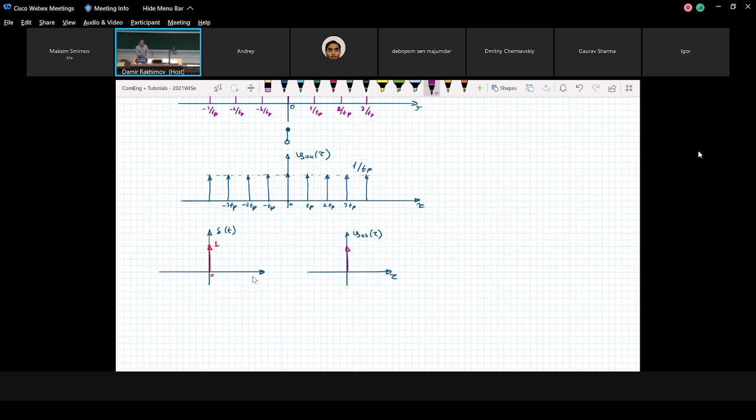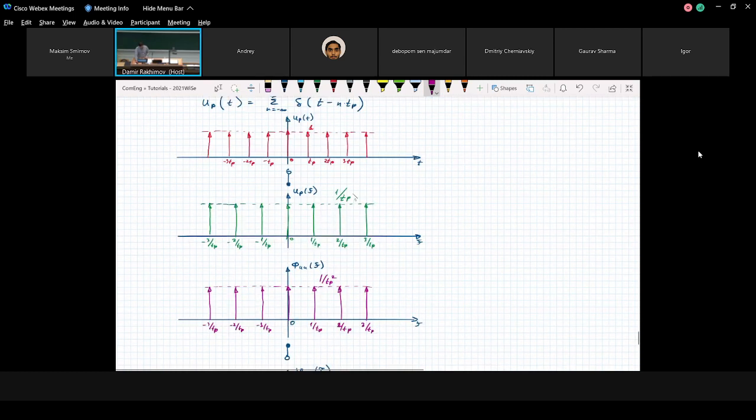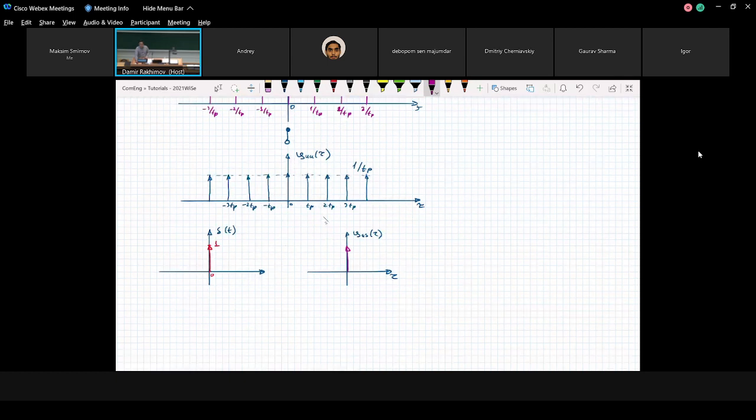But what happens with our sequence of delta pulses? It has magnitude T subscript P times smaller than the original sequence. Each delta pulse had magnitude 1, but after you calculate autocorrelation, the magnitude for the sequence will be 1 over T subscript P. So you just normalize by the spacing between delta pulses.